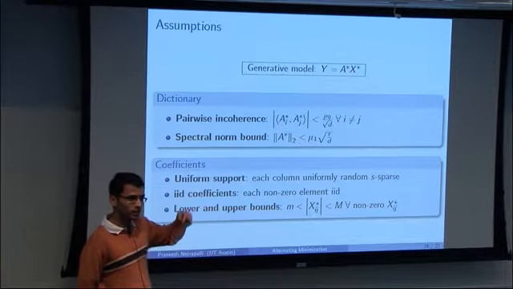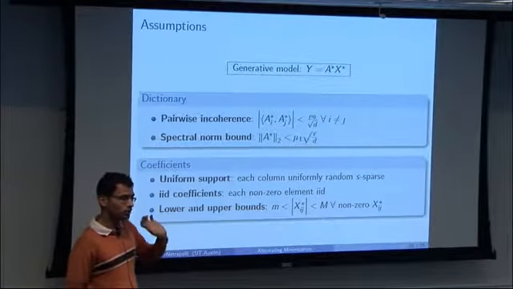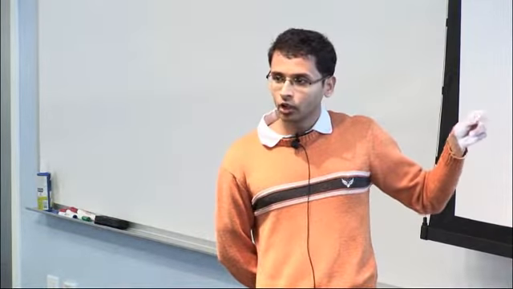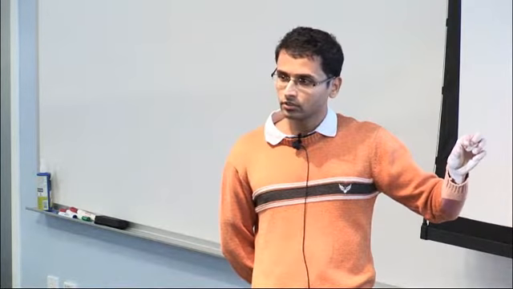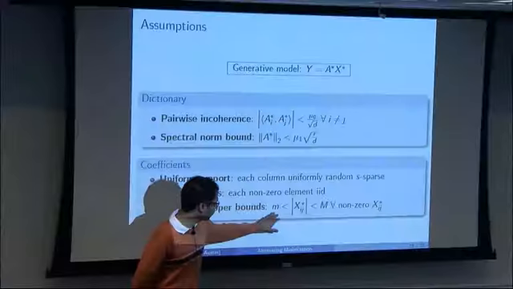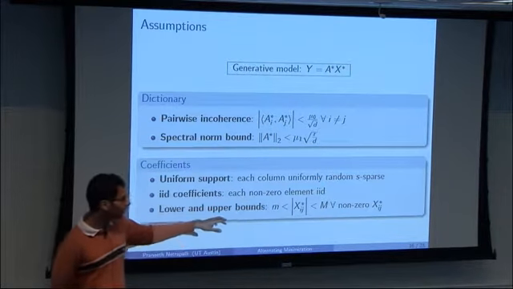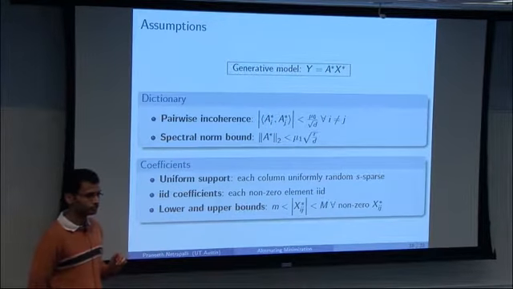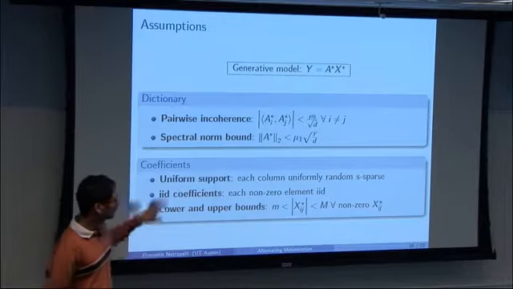That is, all dictionary elements are chosen uniformly at random in an example. And every non-zero element is drawn IID from some distribution, supported away from 0, with a lower bound and also bounded by a constant capital M. So these are the assumptions for our results.